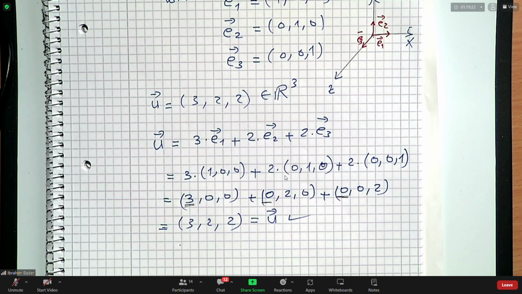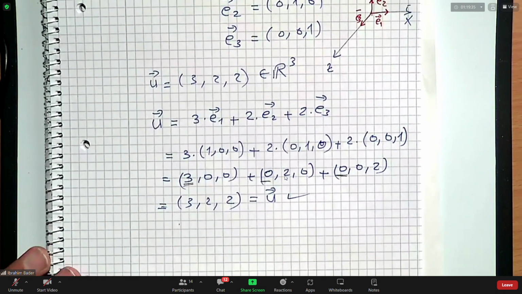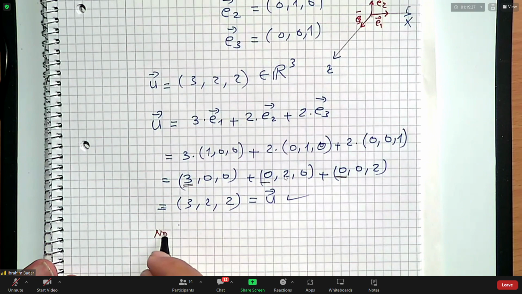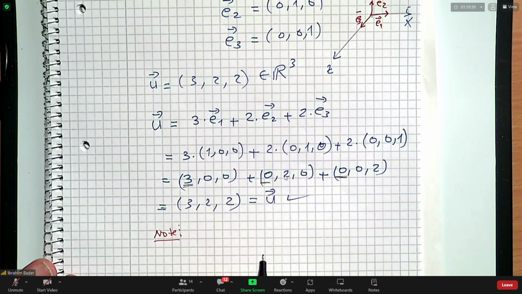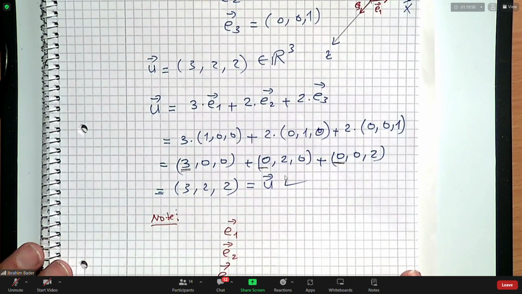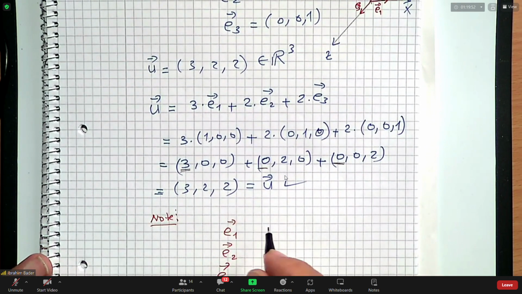And before I proceed, these vectors are used in linear algebra and in vector spaces very often. I saw in literature different notations for these. So E1, E2, E3. These are the unit vectors in the three different dimensions.